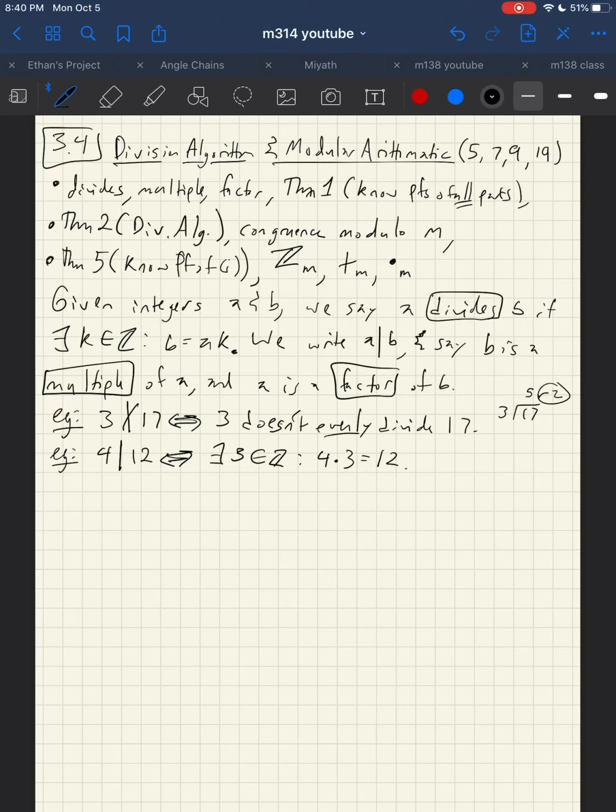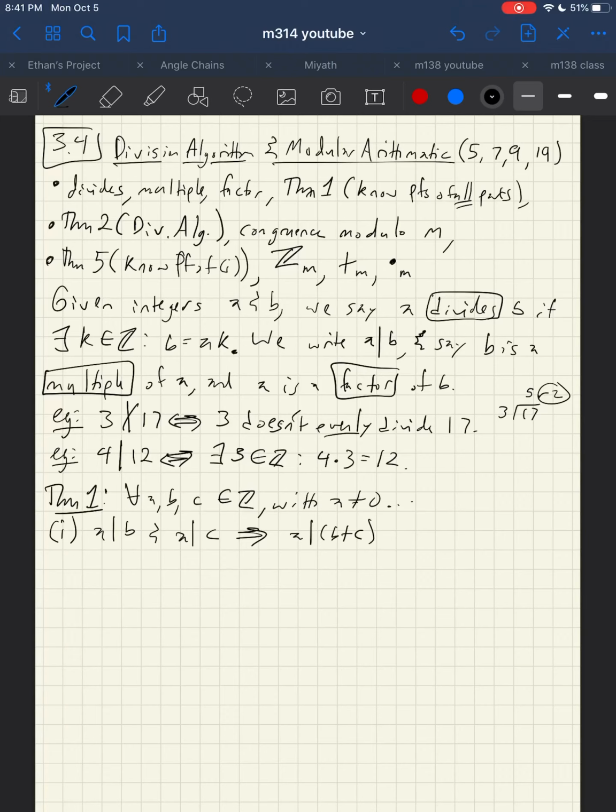All right, so now let's use these for our first theorem. I'm going to call this Theorem 1. For all integers a, b, c with a not equal to 0, the following hold. Part 1: a divides b and a divides c implies a divides b plus c.